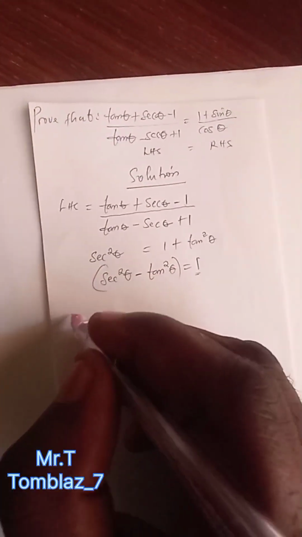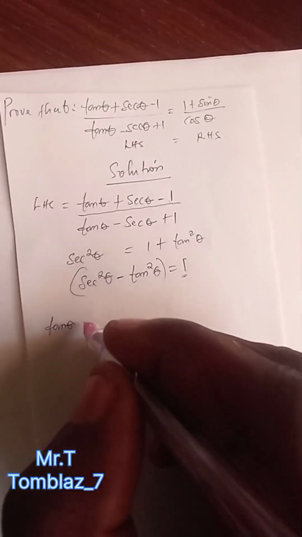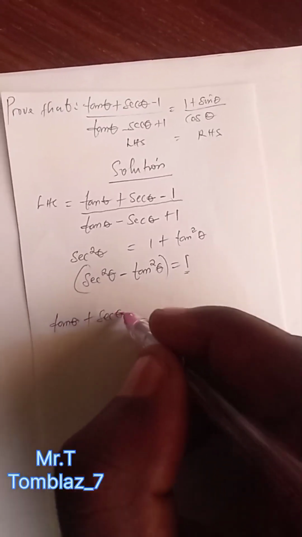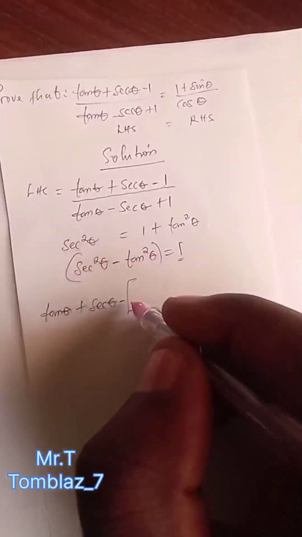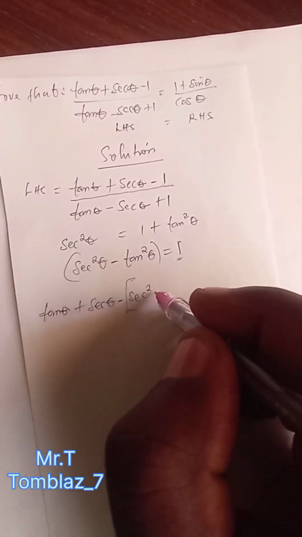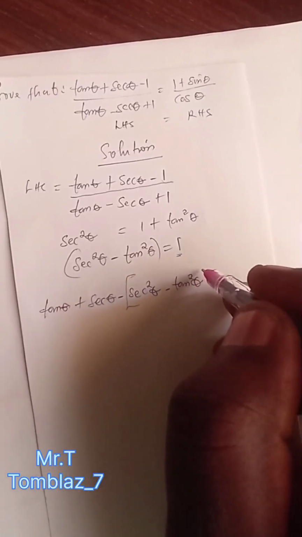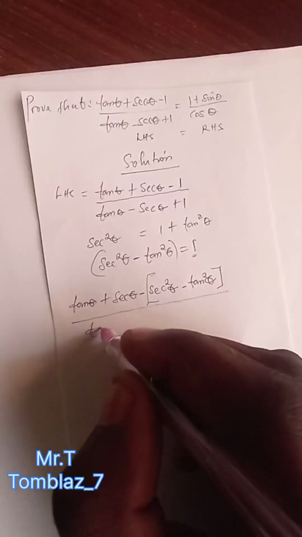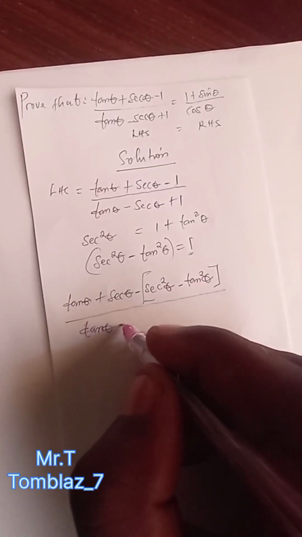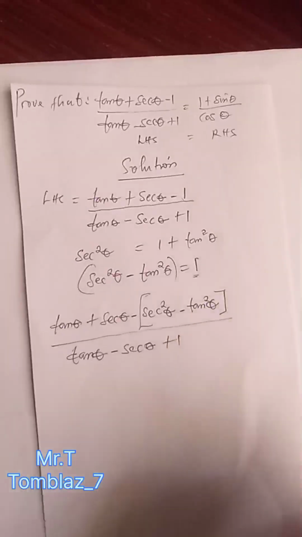So if the whole of this represents 1, I can substitute it here. Let's answer the numerator. Tan theta plus sec theta minus 1 now becomes tan theta plus sec theta minus (sec square theta minus tan square theta), all divided by tan theta minus sec theta plus 1.